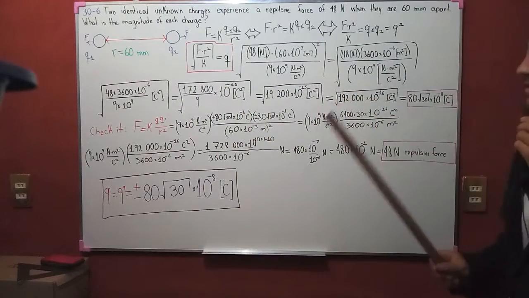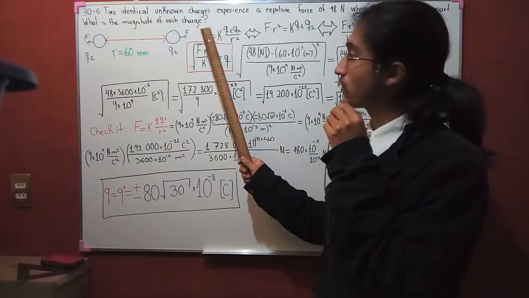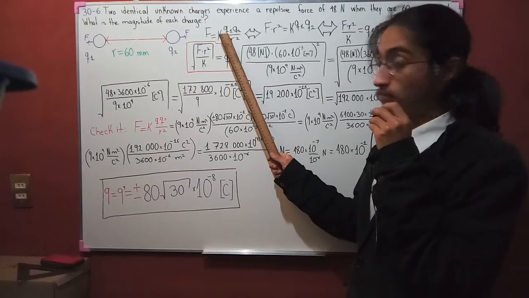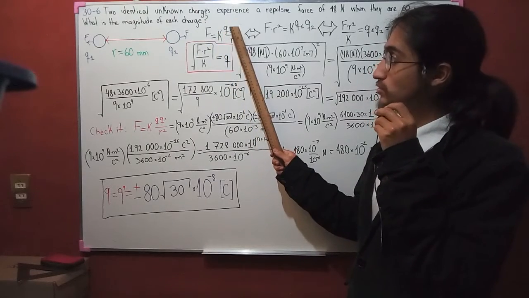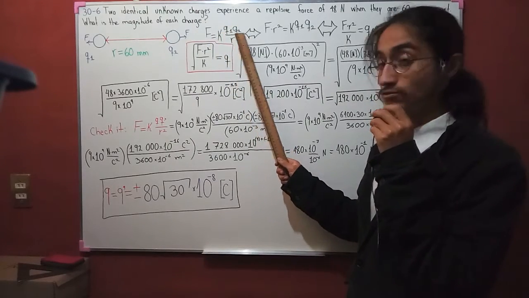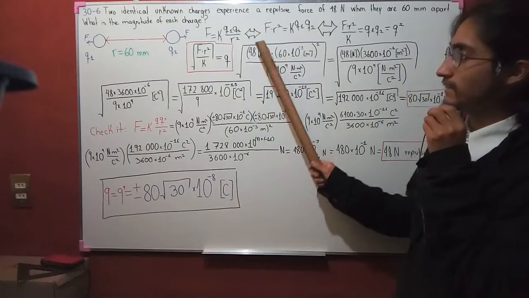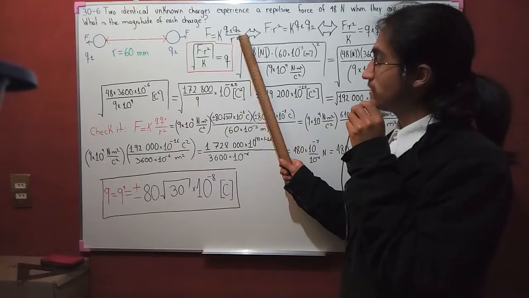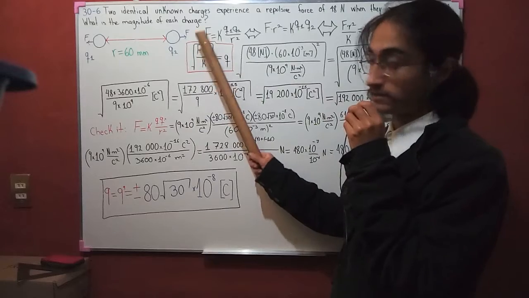So, we have to use the law of Coulomb. F equal to K multiplying Q sub 1 multiplying Q sub 2 divided by R squared. Then, R squared is dividing, so it must multiply on the other side.